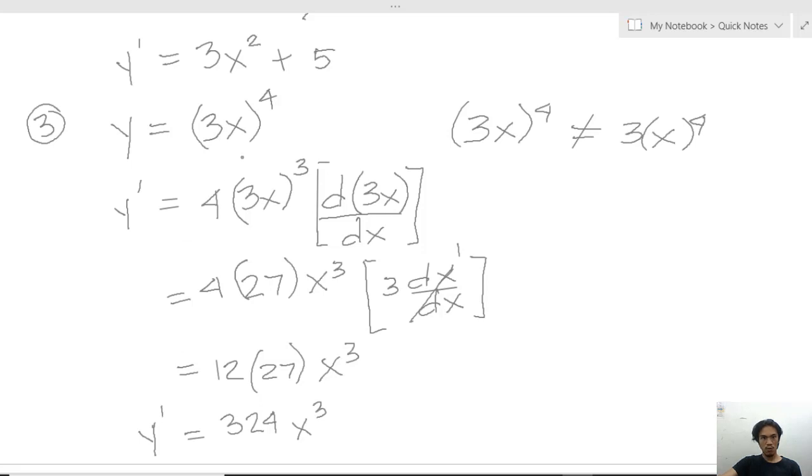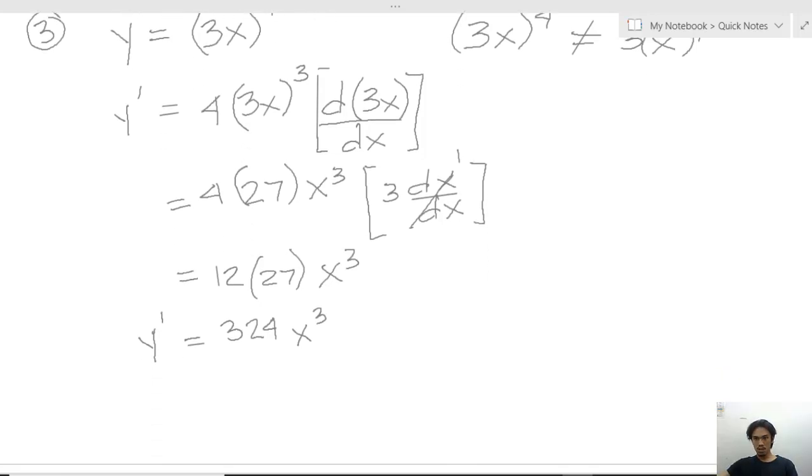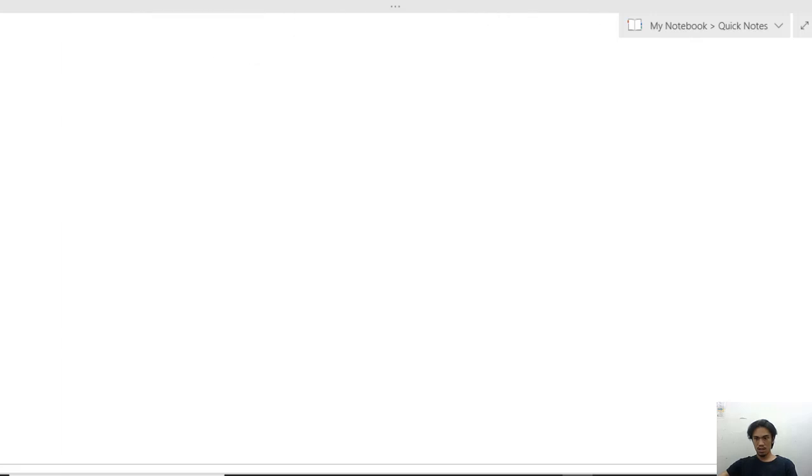Take note of your base if you are seeing these kinds of problems. Now what if we have our example for y is equal to 3x raised to 4. This time, the variable x is only the one being raised to 4.